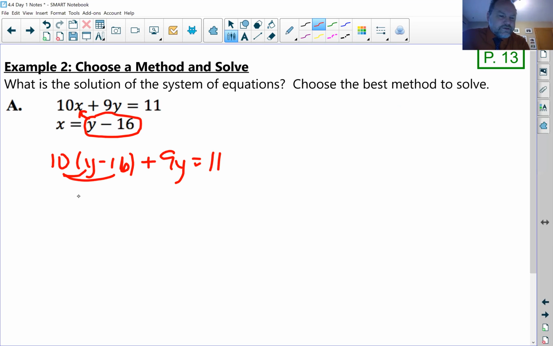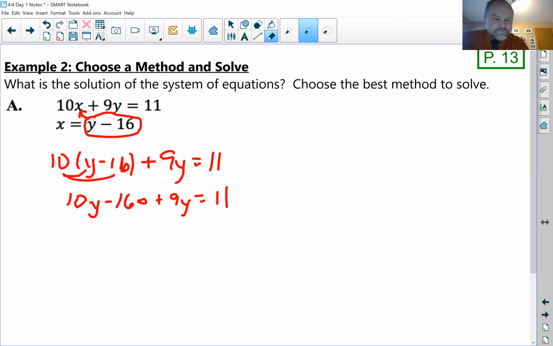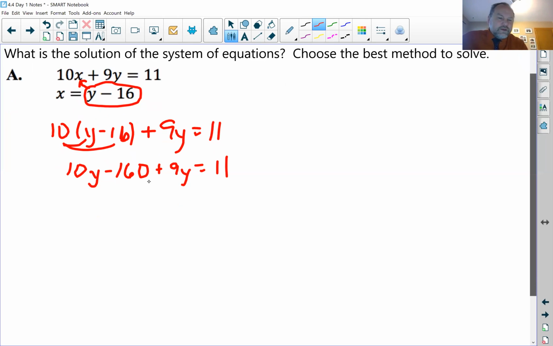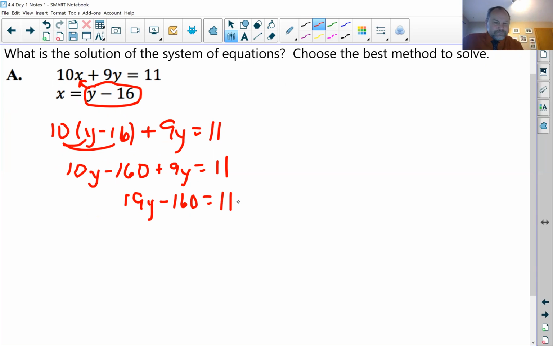Distribute the 10. I have y's on the same side of the equal sign, so I'm going to take my 10y plus 9y. That gives me 19y minus 160 equals 11.